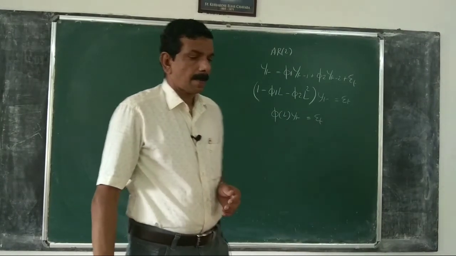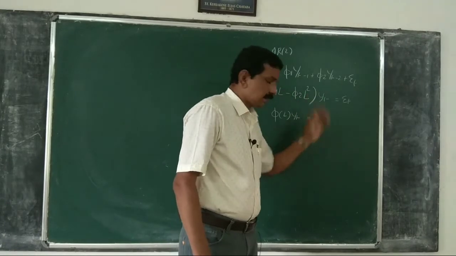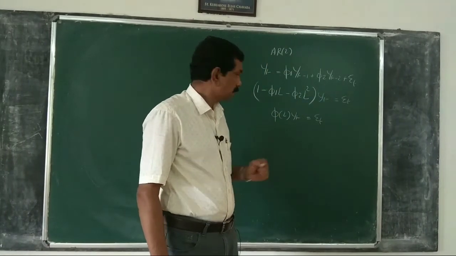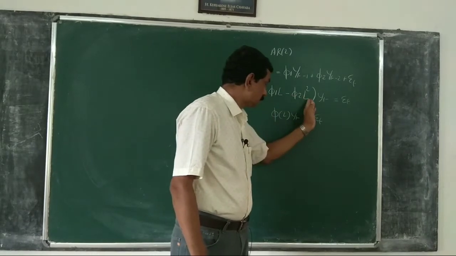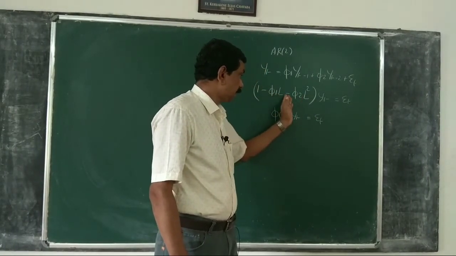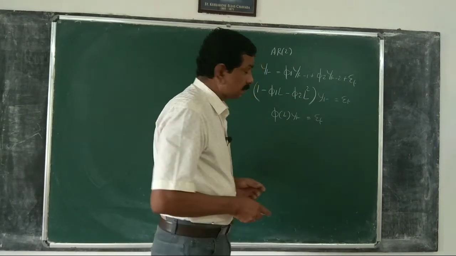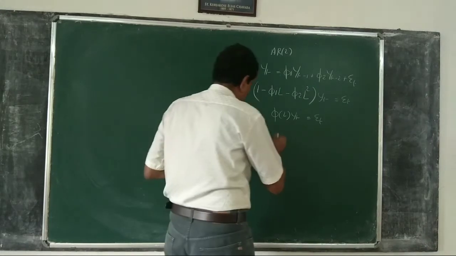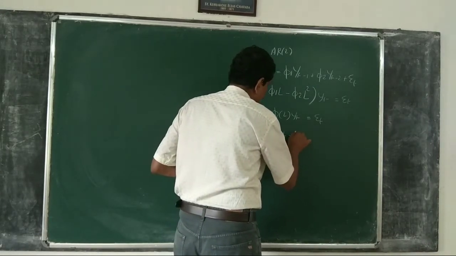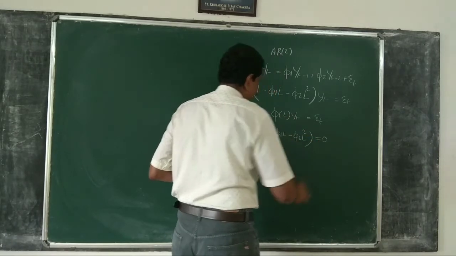Now, the stationarity or the stability of this AR(2) process depends on the roots of the polynomial 1 minus phi1 L minus phi2 L squared. That is, the value of L which satisfies the condition that it is equal to 0.